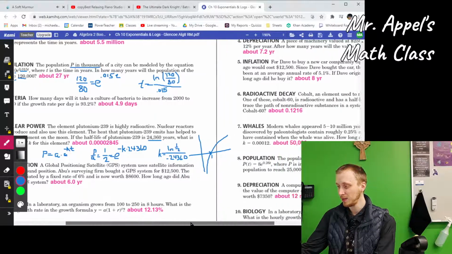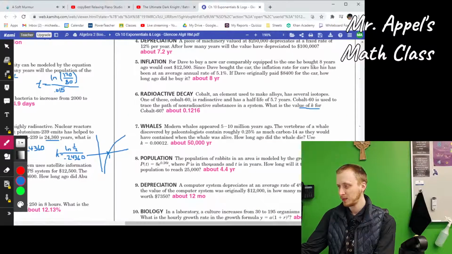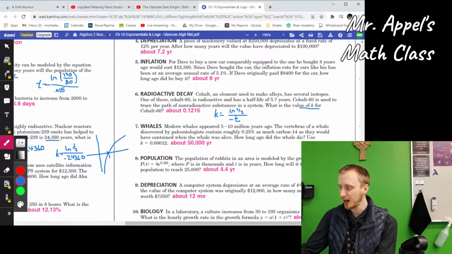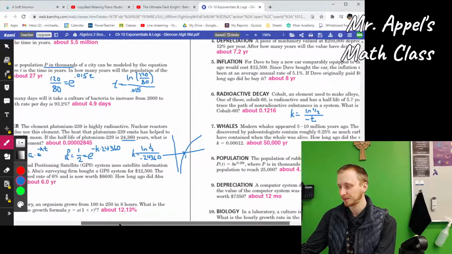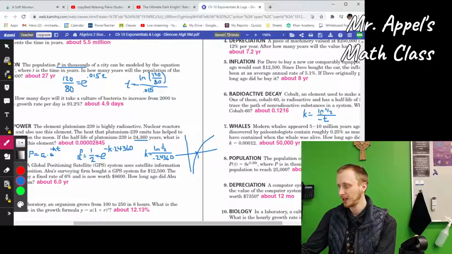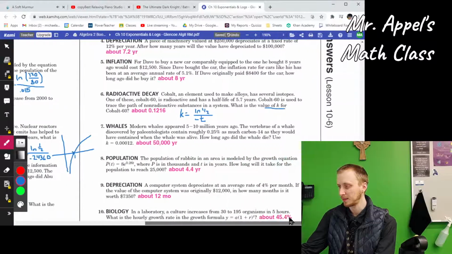If you want to work it out, this is your shortcut. You will uncover that k will always be ln of 1/2 divided by negative t. So whatever your half-life time is, this formula will get you k. All I did was take the original, solve for k. You'll always end up right there.